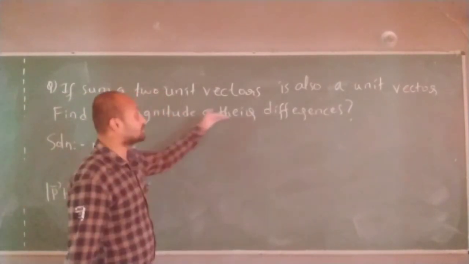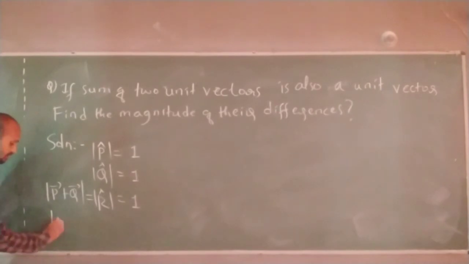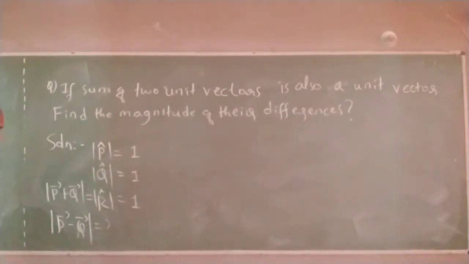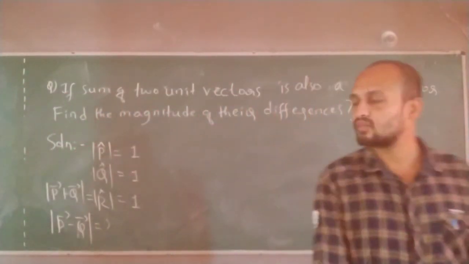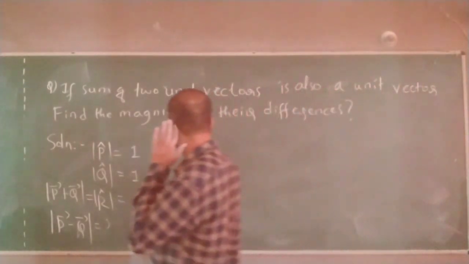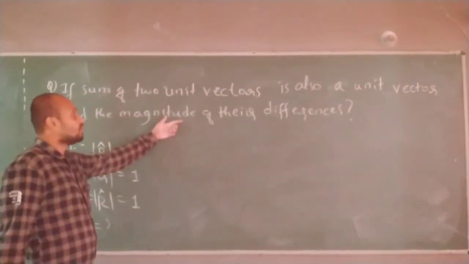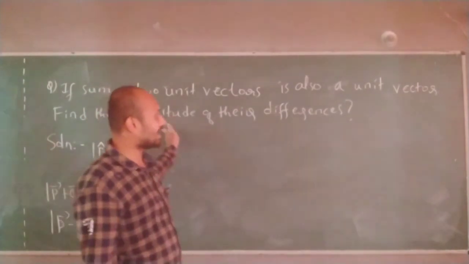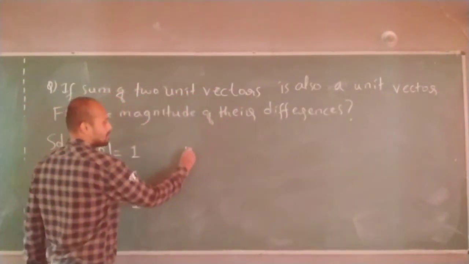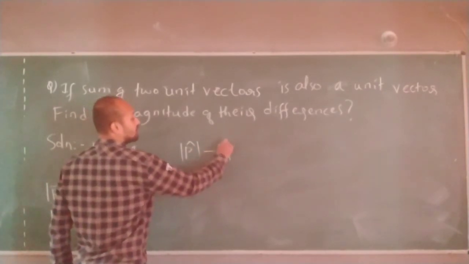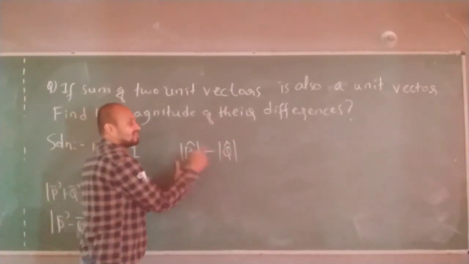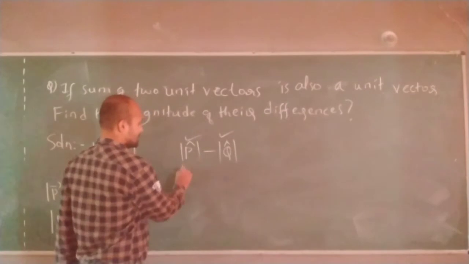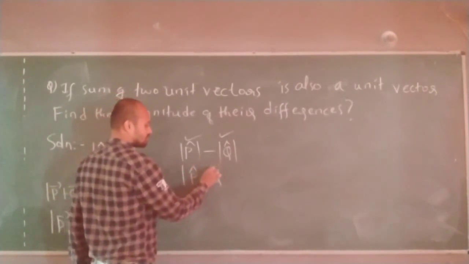Now find the magnitude of their difference. See, if they ask you this question, first thing, the difference of their magnitudes means mod P minus mod Q. But finding the magnitude of the difference means something else, this is the value.